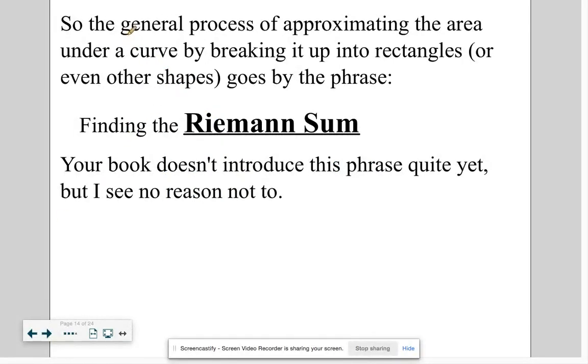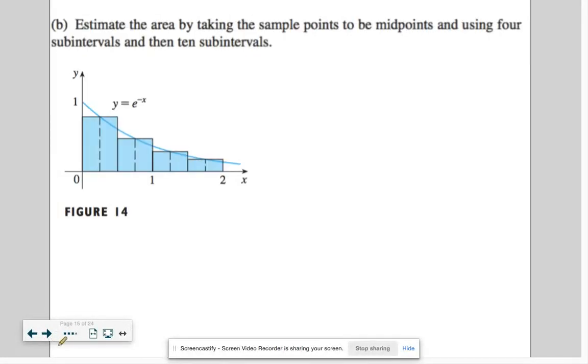Okay, again, like I said, the general process of approximating the area under a curve by breaking it up into rectangles is called finding a Riemann sum. So that's what we're going to be working on. There's a bunch of different ways to do this.